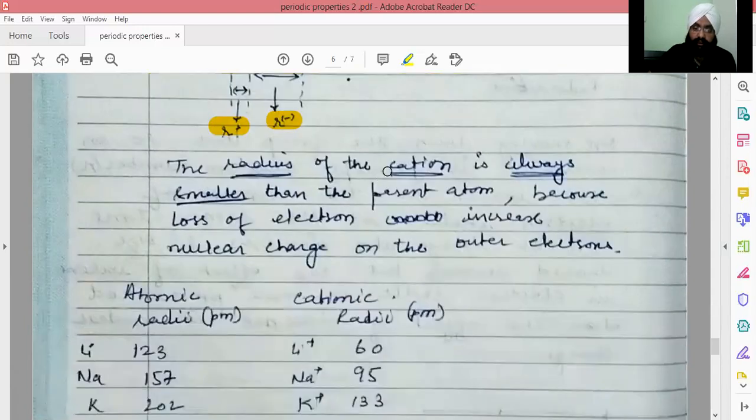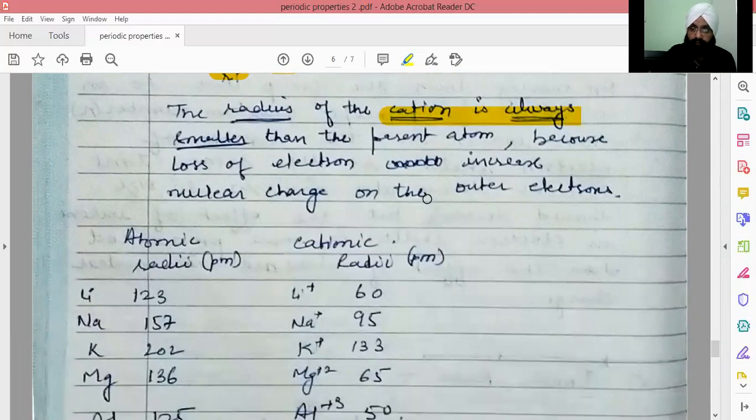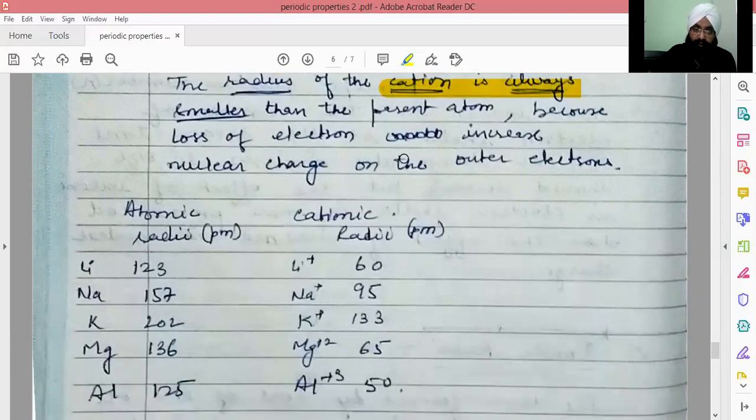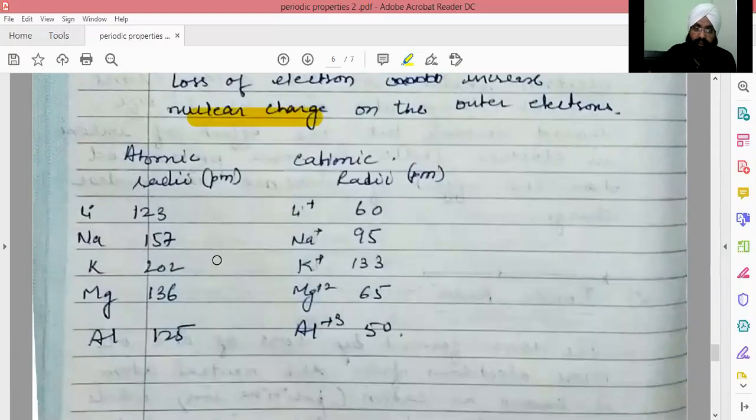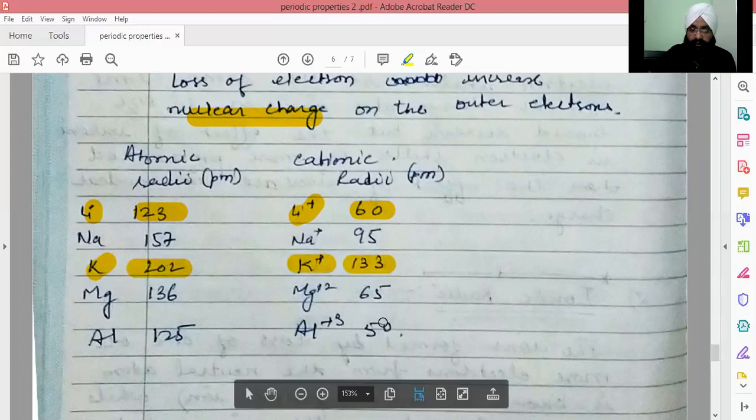Cations are always smaller than the parent atom, because the loss of electrons increases the effective nuclear charge, and hence the size decreases. So lithium 123 picometer, lithium ion 60, potassium 202, potassium ion 133. So it is always smaller, and the more the charge, the smaller the radius.